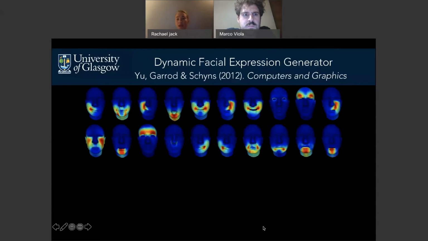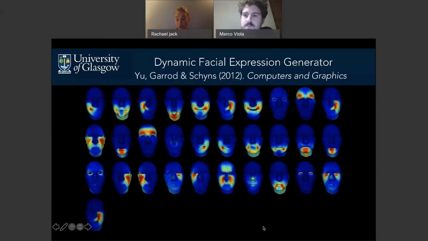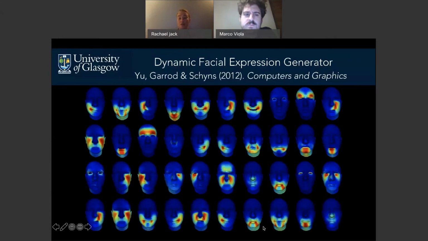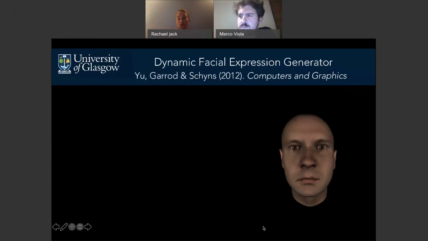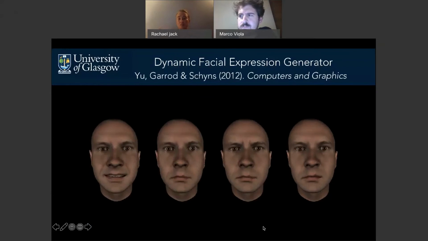We can then apply a dynamic movement to each action unit individually. So we have full control over each individual action unit and its movements. We can then combine these action units together to create almost any facial behavior.